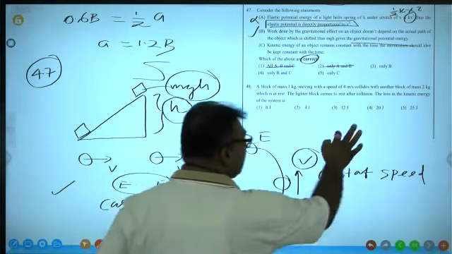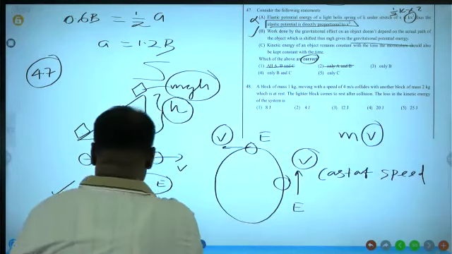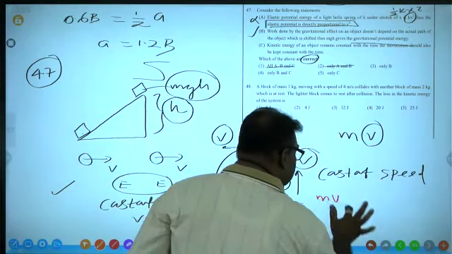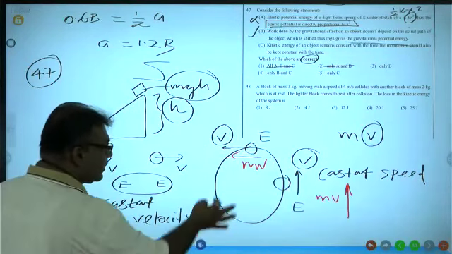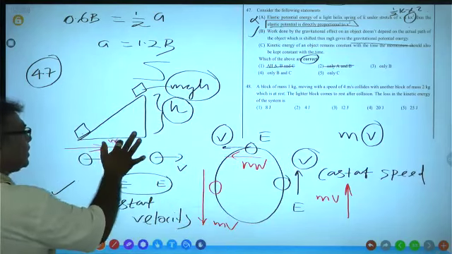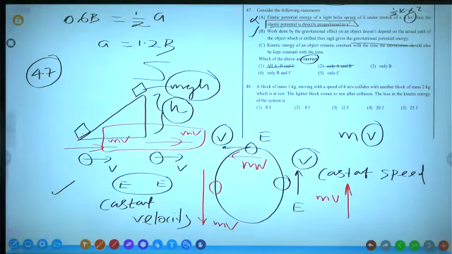In mv, the v must be written with its direction as well. That means when you write momentum right here, mv should have this direction. Here mv should have this direction. At here mv has this direction. At here mv has the same direction. Then constant momentum would result.